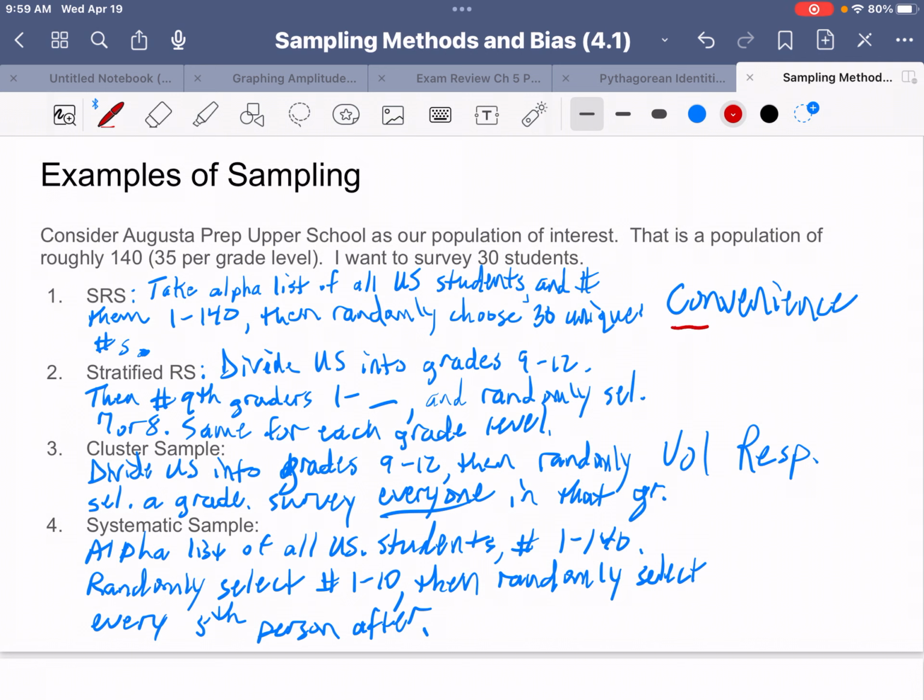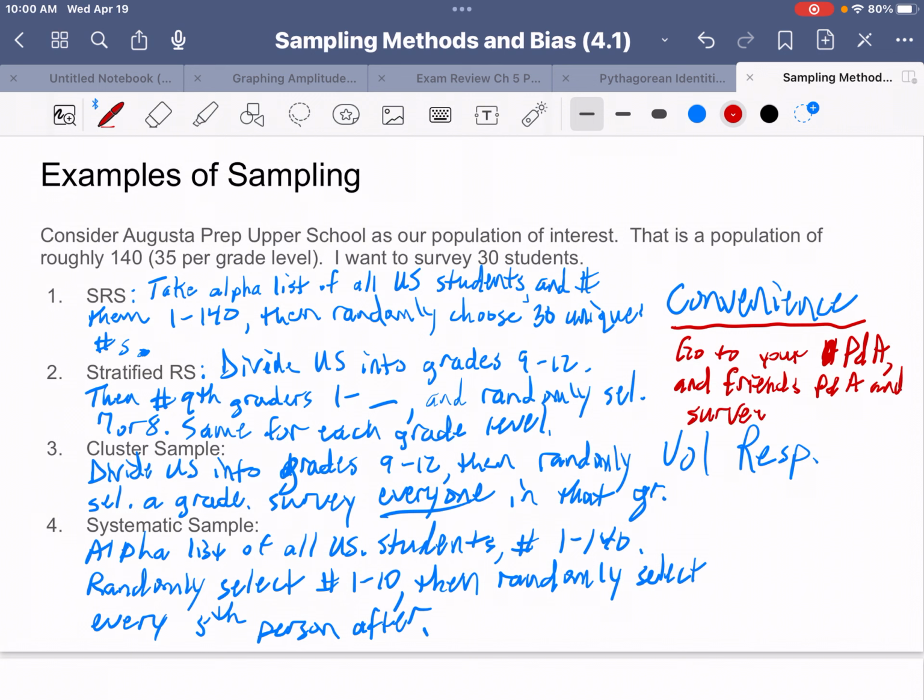Now, convenience sample. Go to your first period, period A, and your friends, and survey. Well, that would be convenient and no good.